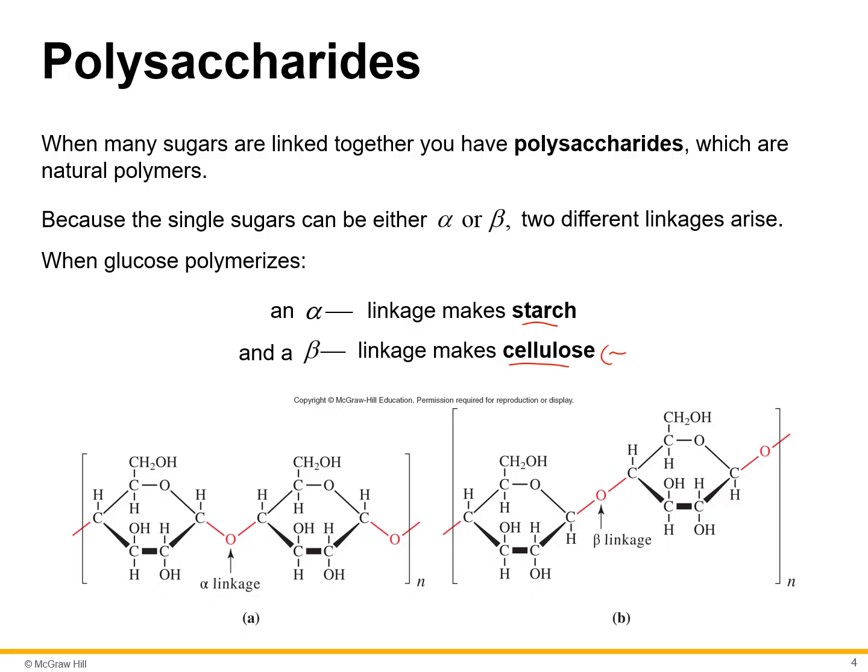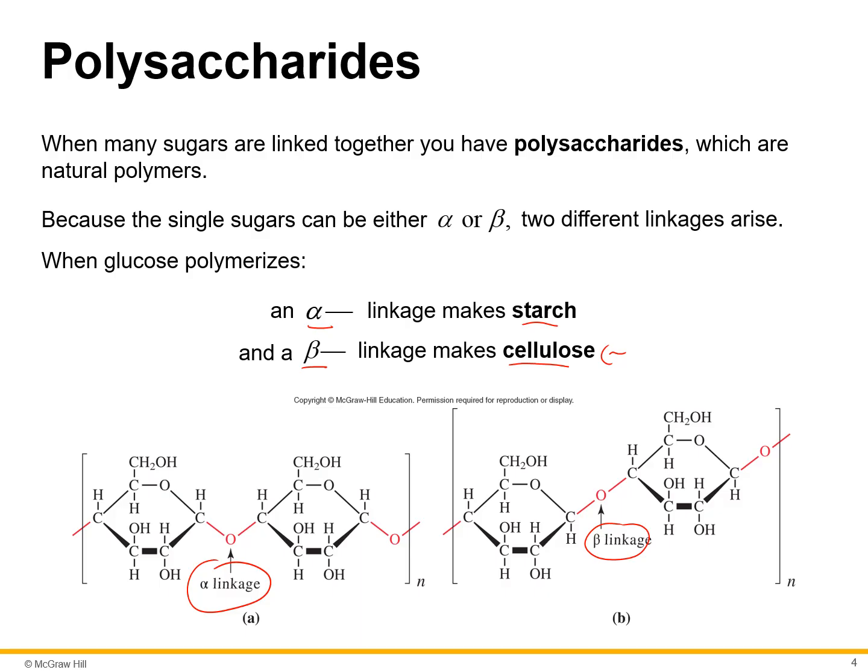The main difference structurally is the alpha linkage here for starch and a beta linkage for cellulose. And it's hard to tell, but the main difference is that in the alpha linkage, the bonding is happening below the carbon, versus the beta linkage, where the OH bonding happens above the carbon 1 plane.